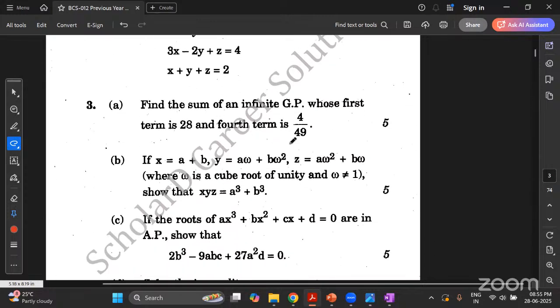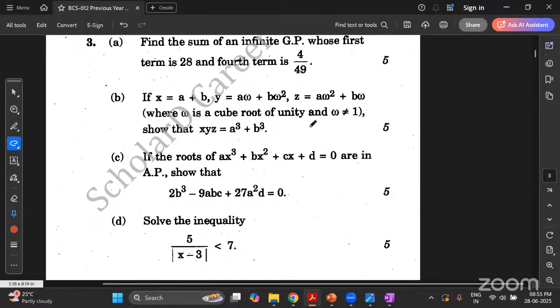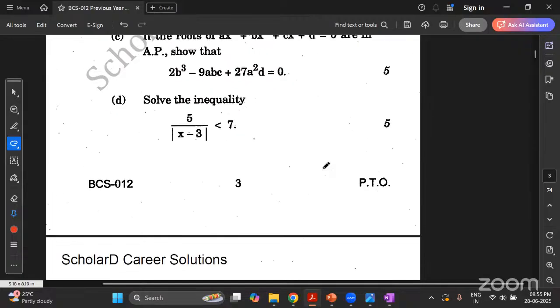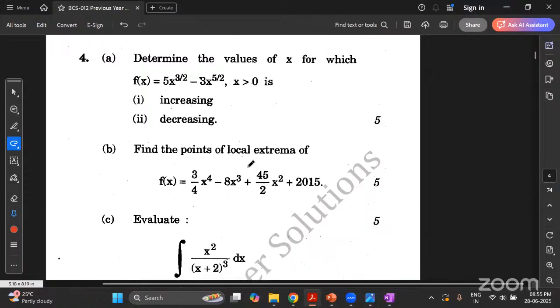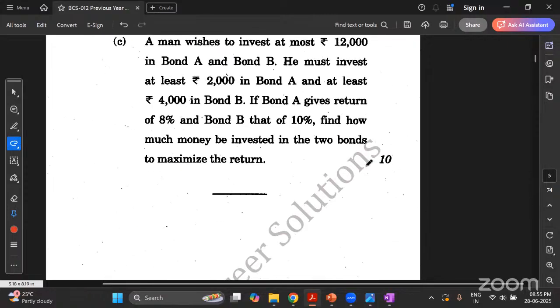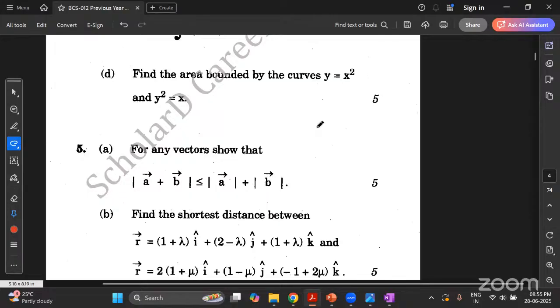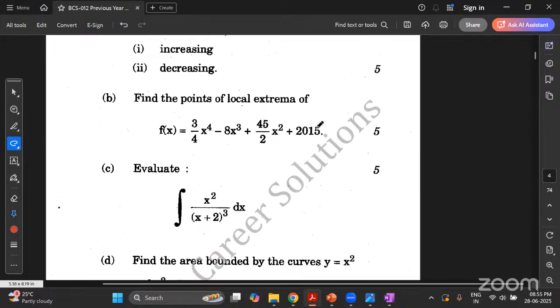Cramer's rule, GP sum. This cube root of unity is something that keeps repeating again and again, so maybe you can have a look at that also. Inequality, definitely you will get one question under question number 1, and the linear programming problem later for 10 marks. In vector problems, usually they'll ask angle between, shortest distance between, and check whether these vectors are coplanar or not.